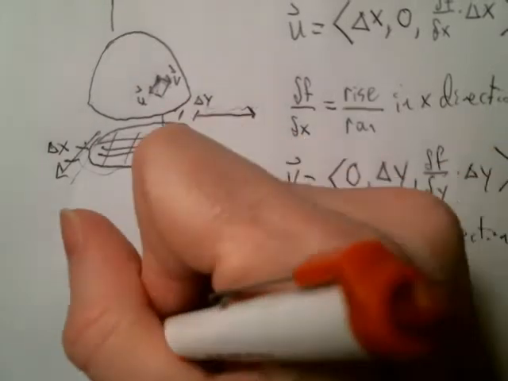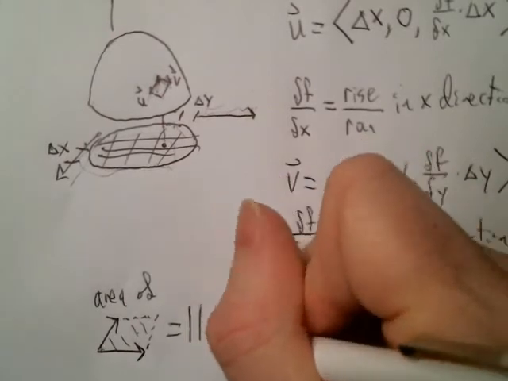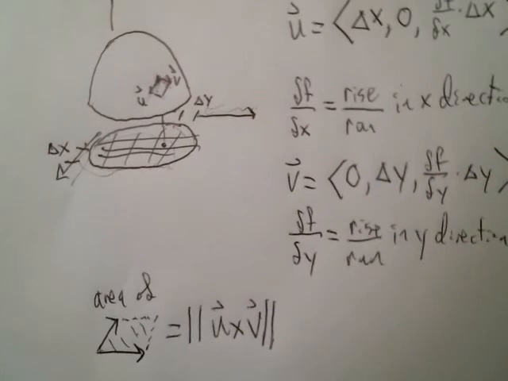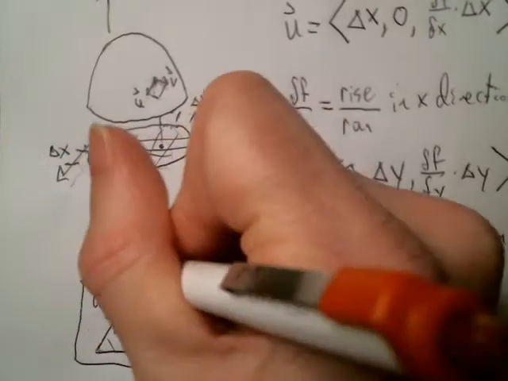The area here is going to be equal to the magnitude of the cross product. And again, this is just a formula that they give you, in lists of formulas regarding the properties of cross products. That was in section 11.4.